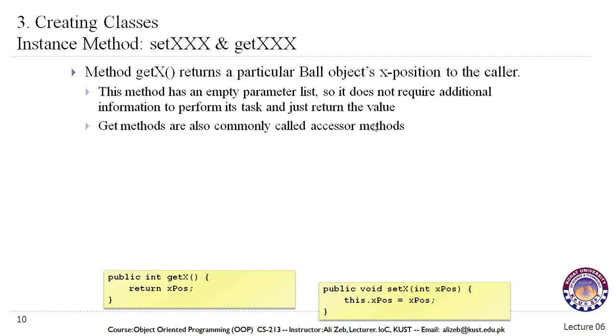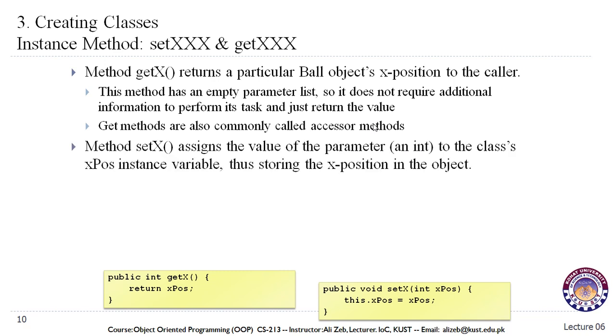Get methods are also commonly called accessor methods, since these methods are used for accessing the values of our object variables. Method setX on the other hand assigns the value of the parameter, like in this case an integer, to the class's x position instance variable, thus storing the x position in the object.